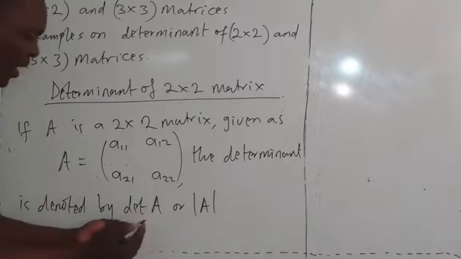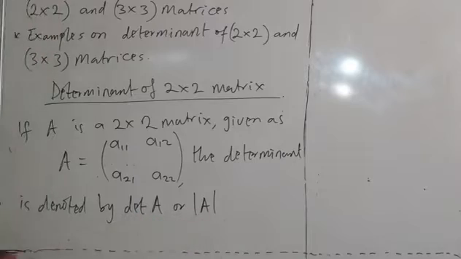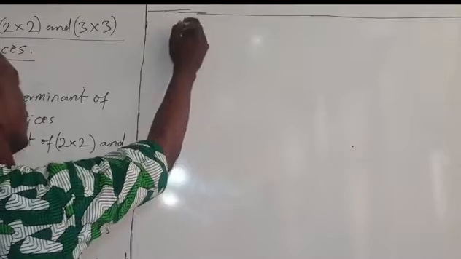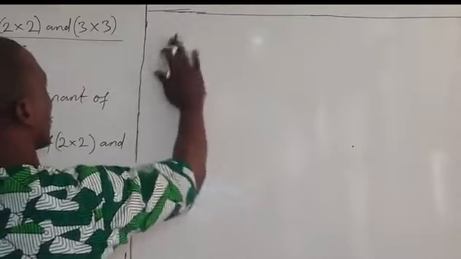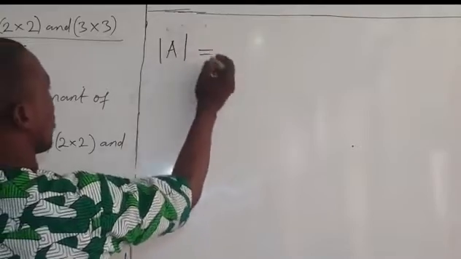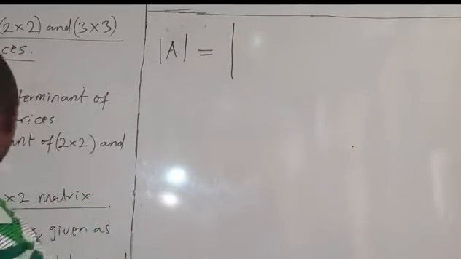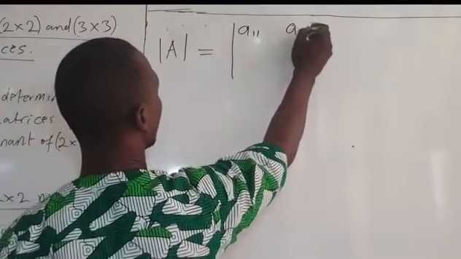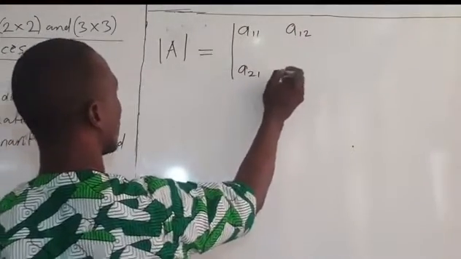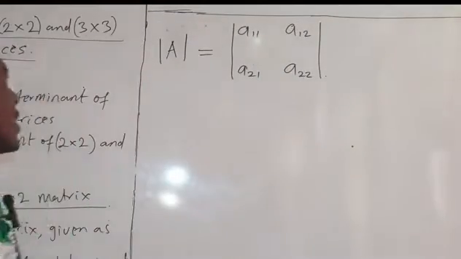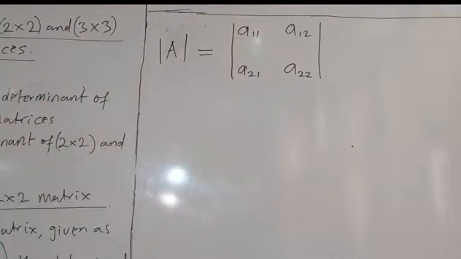It's either we have it as |A| or absolute value of A. Then we have A11, A12, A21, A22. So this is the determinant of matrix A.